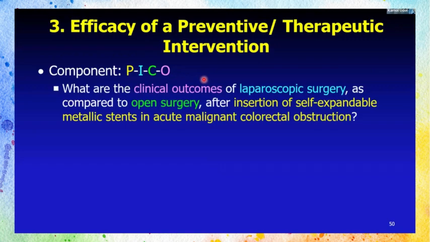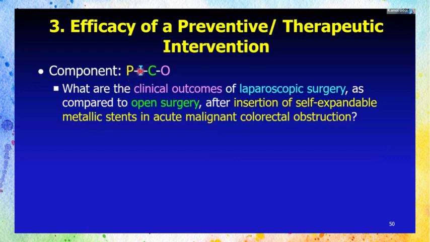For example, what are the clinical outcomes of laparoscopic surgery as compared to open surgery after insertion of self-expandable metallic stents in acute malignant colorectal obstruction? A complicated research question, but they have all 4 components. Target population, patients with acute malignant colorectal obstruction treated initially with self-expandable metallic stents. So this is the target population.